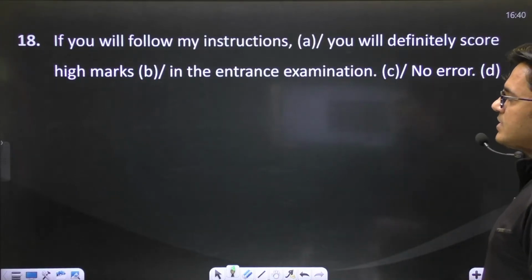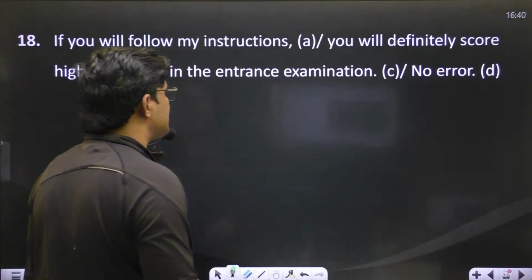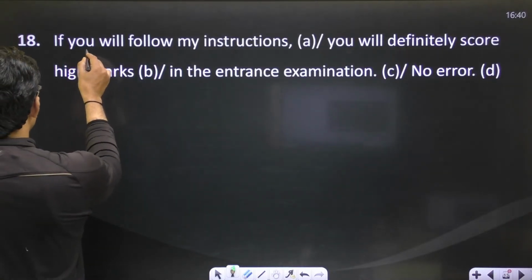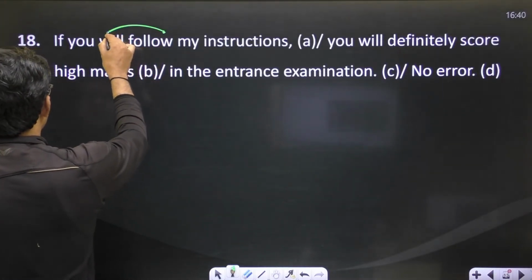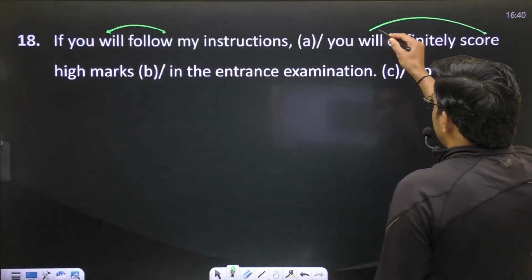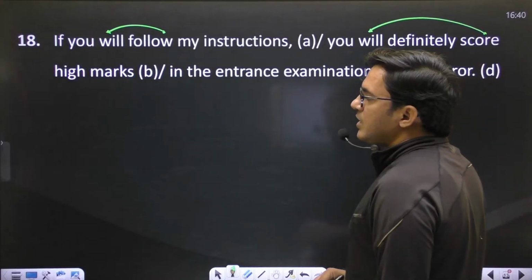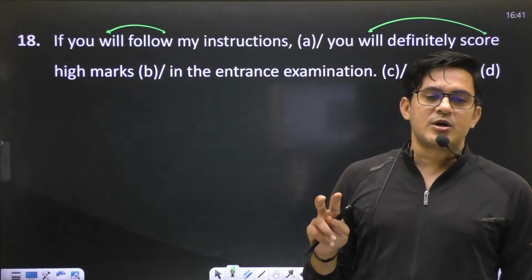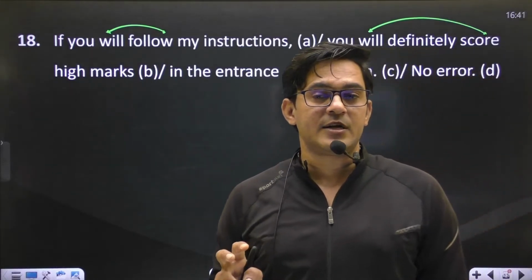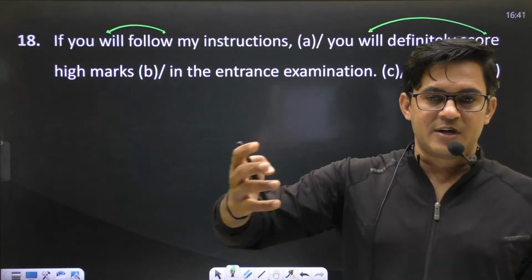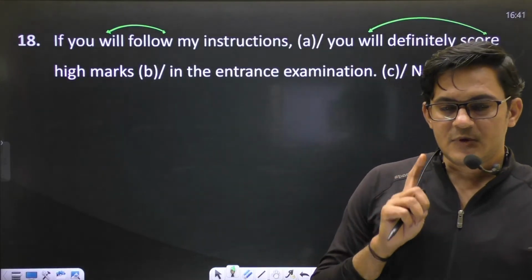Move to the next sentence. If you will follow my instructions, you will definitely score high marks. As I said, this is the subordinate clause, future indefinite tense you have, and this is the main clause, also future indefinite tense. Make sure that in a complex sentence we don't use both the clauses in future indefinite tense. We use present indefinite in the subordinate clause and future indefinite in the main clause.